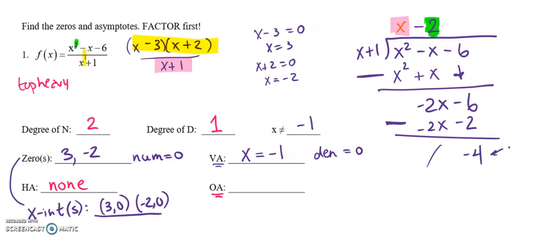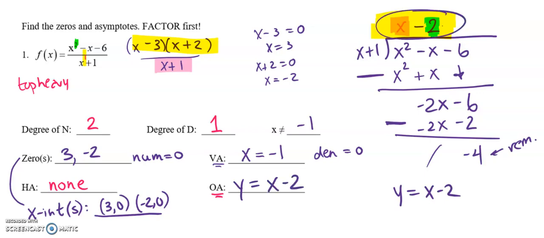This is the remainder. Doesn't mean anything. The thing that we want is this value up here, the quotient. Y equals x minus 2 is our oblique asymptote or our slant asymptote. And you'll see more of what those look like when we actually graph some things. Now we're just trying to find some of the pieces.